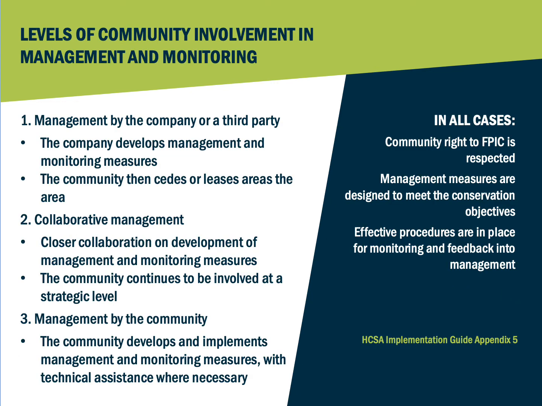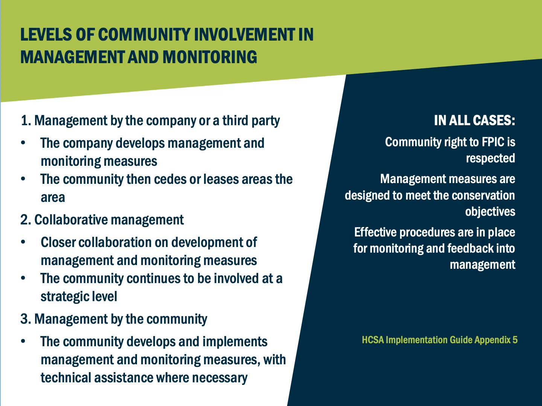The level of community involvement in conservation management and monitoring varies greatly. Management may be led by the company or by a third party, and the community may have limited involvement once the management and monitoring measures have been formally agreed, for example simply ceding or leasing the proposed conservation areas. Or they may take a more active role, either by collaborating in management and decision making, or by taking full responsibility for management themselves, with technical assistance where necessary.